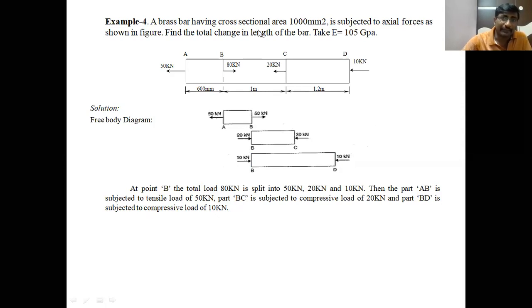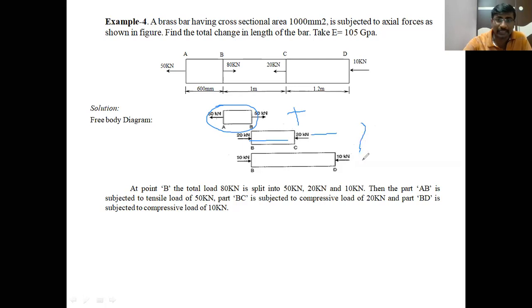So by calculating the individual elongations of AB, BC and BD, and summing all the extensions or decreases in length, we can get the total elongation. In this case, if the member is extended, that is taken as positive. If the member decreases, that is taken as negative.